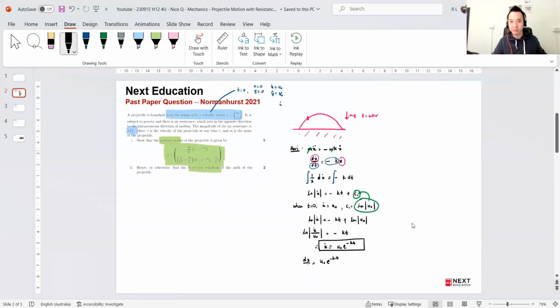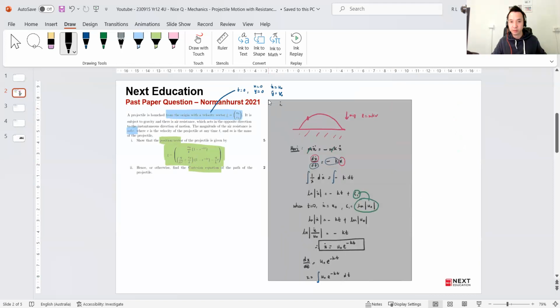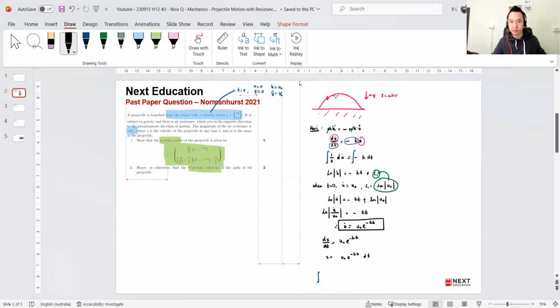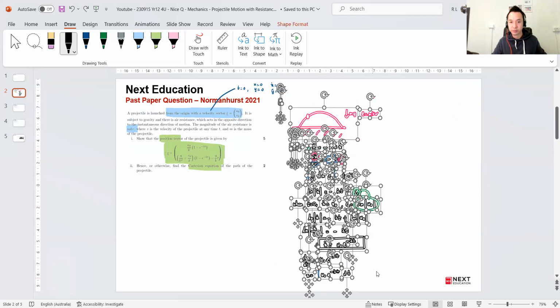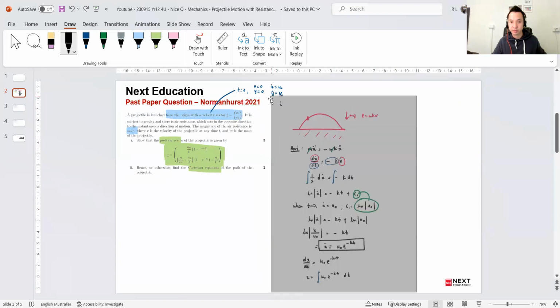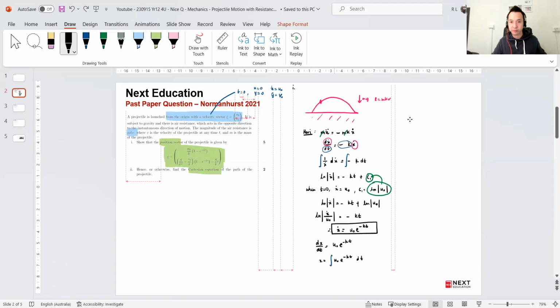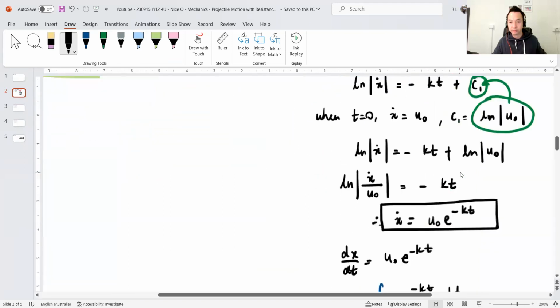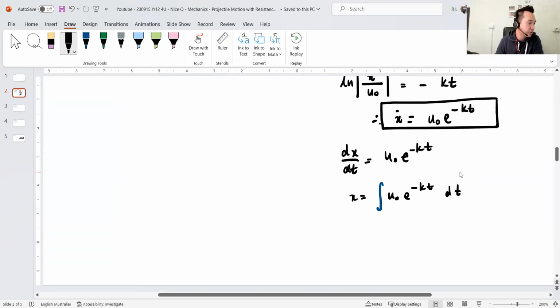I didn't capture the integration sign. Let's move it up here. All right, let me just check that. Yep, perfect. So integrating, that becomes u0 times e to the minus kt all over negative k, plus c2. Is that right?